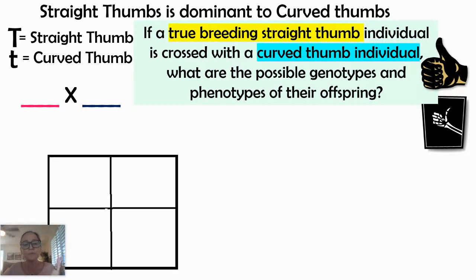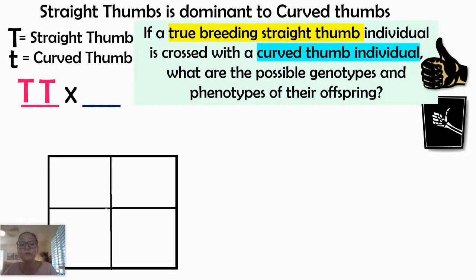So I have a true breeding straight thumb. And if I look at the left side of the screen, a straight thumb is dominant. So I know one parent has a straight thumb, so they have at least one capital T. But then it says true breeding, which means purebred or homozygous. So I know one parent is homozygous dominant for straight thumbs.